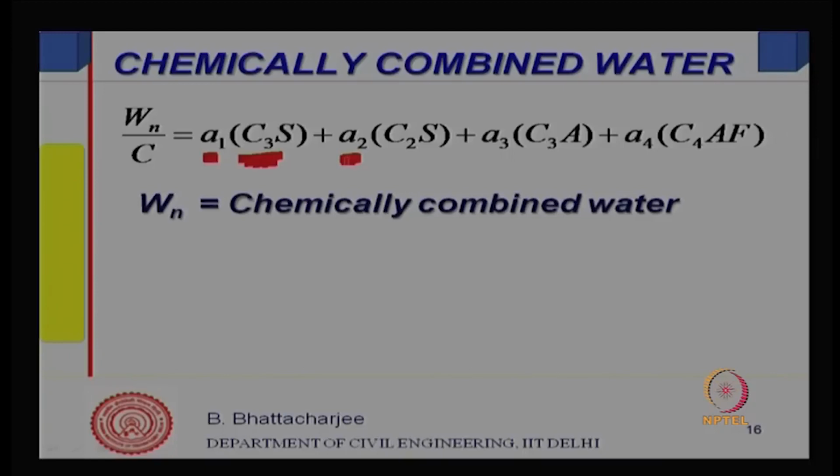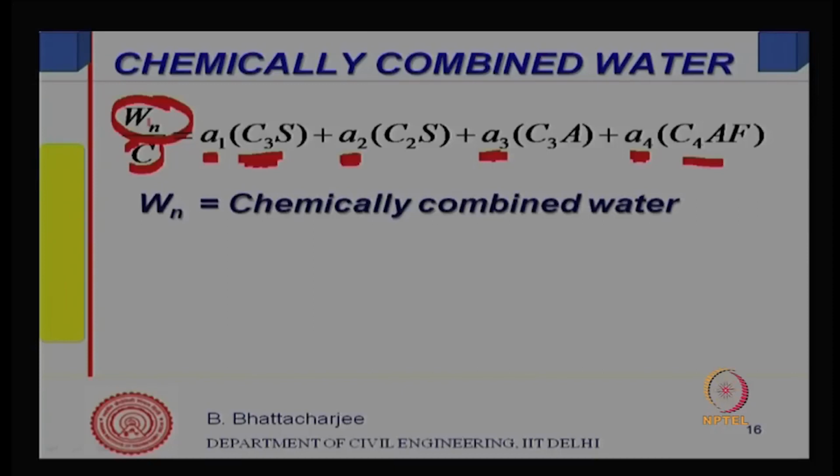required by 1 gram of C2S for its full hydration. A3 is the quantity of water required by 1 gram of C3A for full hydration, and similarly A4 is the quantity of water required by 1 gram of C4AF for full hydration. So, then this is the chemically combined water. Chemically combined water per unit mass: Wn is the amount of water that will combine with C, the quantity of cement.